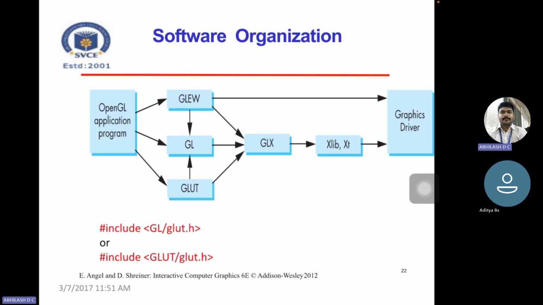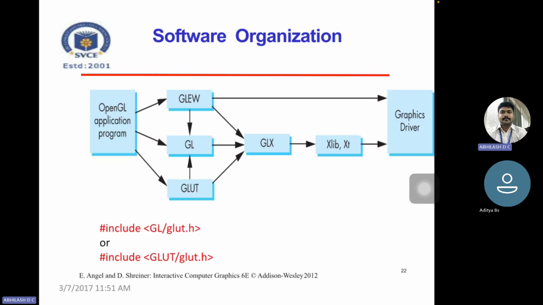And all these things combine towards the X library and Xt, which are actually written for windows, as you can see, and the information will be sent to the graphics drivers.